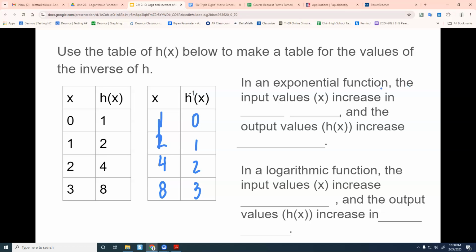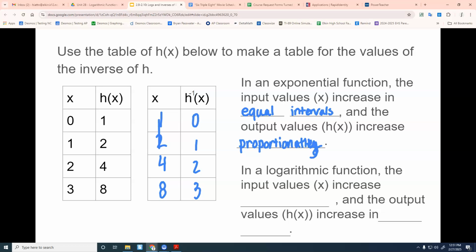So in an exponential function, the input values increase in equal intervals, and the output values increase proportionately. I think that E is supposed to be there. I might have spelled the whole thing wrong. Who knows? And that word proportionately means that we're multiplying by a number.